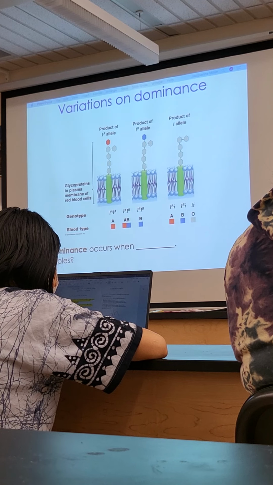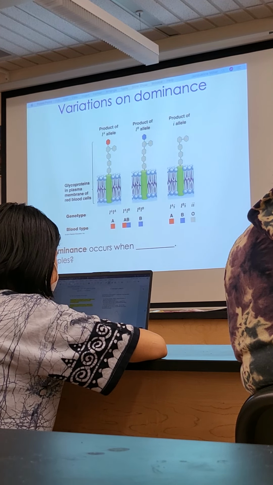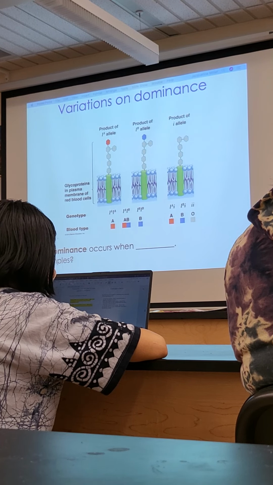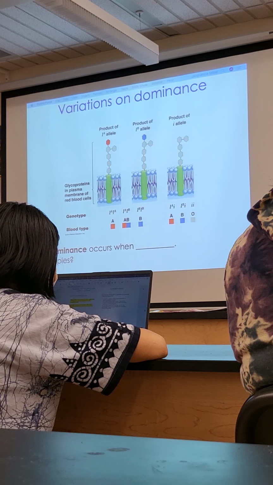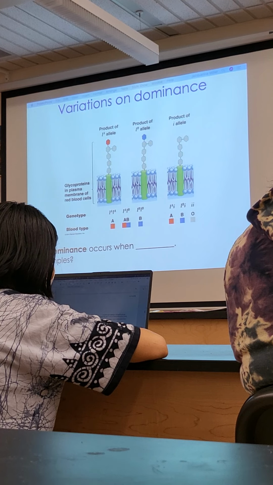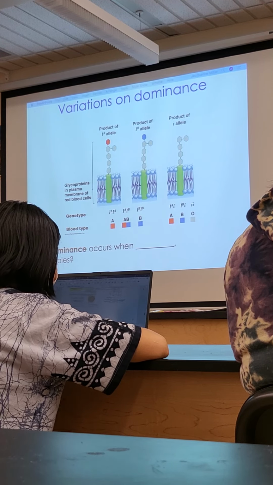If you have little h, this basically is incapable of building the stem to attach the sugars onto. So you could have little h, and then you could have IA, IB, but in the blood cell it wouldn't attach anything because there's no way to hook it on.